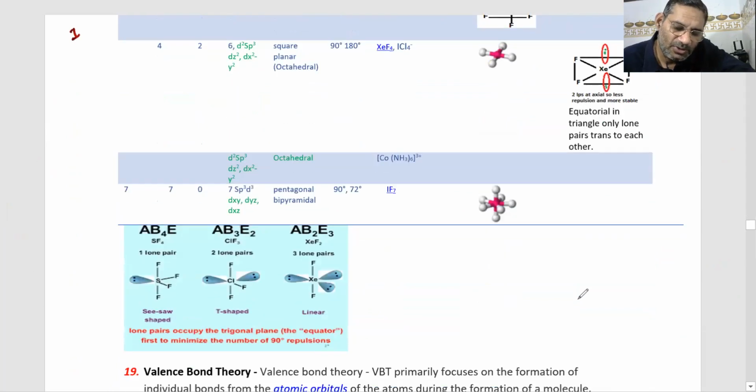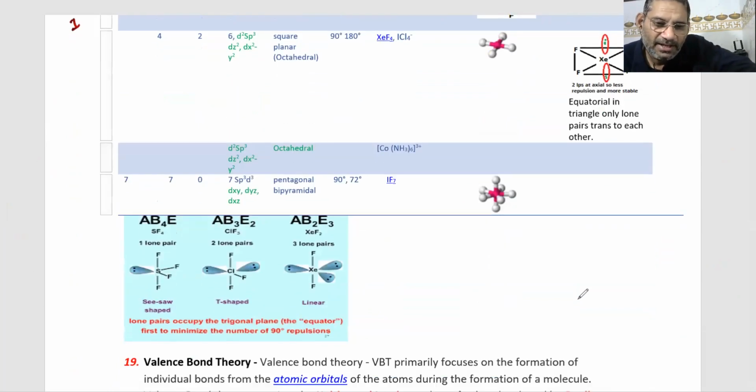So you should go through this all, and in next class we will start from here. I'll try to explain it from here. Till here this table is very important. If you understand it properly, then your hybridization will also get over, and you'll enjoy chemistry a lot.